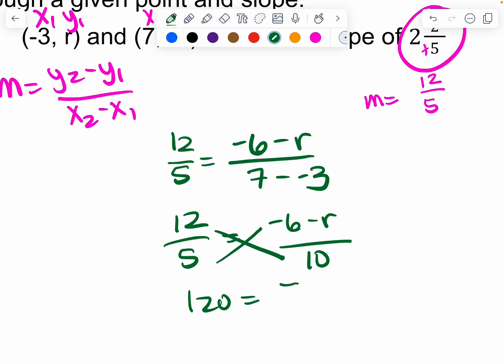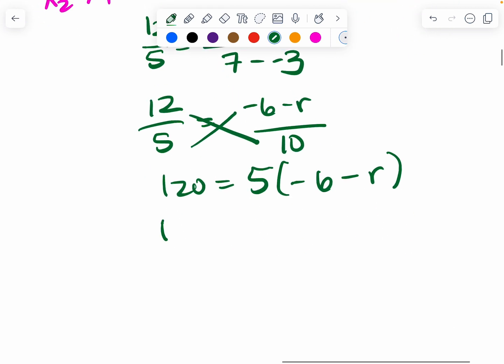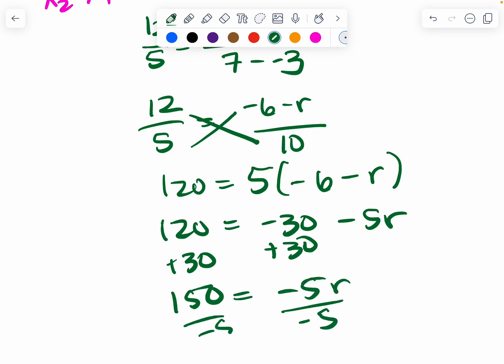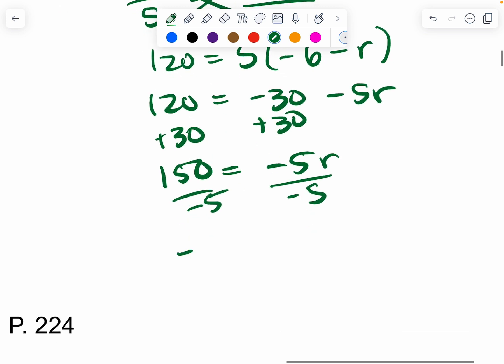I multiply, I get 5 times the quantity negative 6 minus r, negative 30 minus 5r. Add 30 to both sides. I get 150 equals negative 5r. Divide by negative 5. Get negative 30 is equal to r.